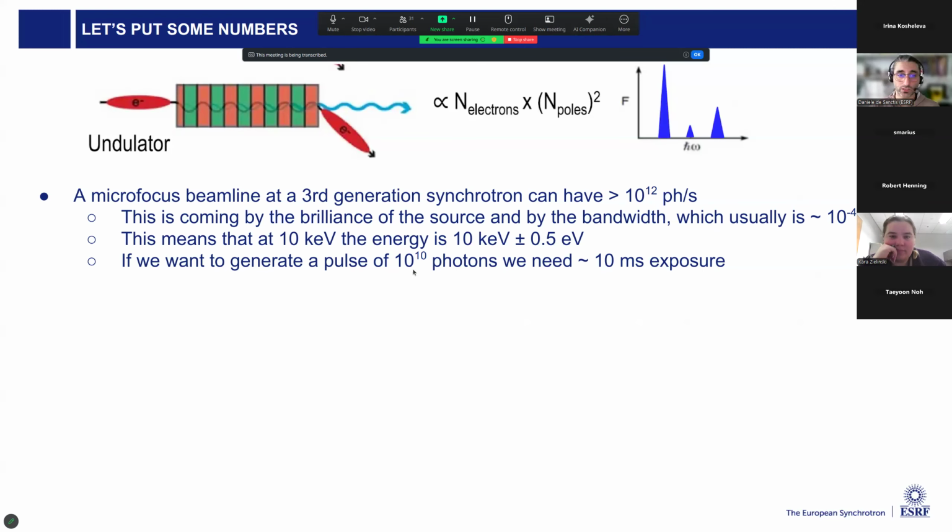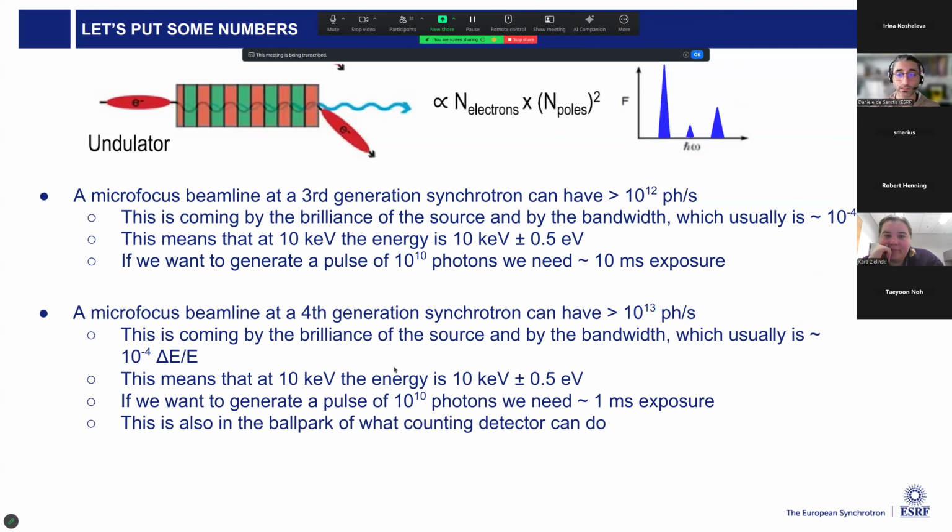That means that if we want to illuminate a crystal with at least 10 to the 10 photons, we need an exposure time of roughly 10 milliseconds. As I said, a similar beamline at a fourth generation synchrotron would have a gain in flux of roughly a factor of 10, which practically reduces the minimum exposure time to 1 millisecond, which is more or less also in the ballpark of the capabilities of photon counting detectors.